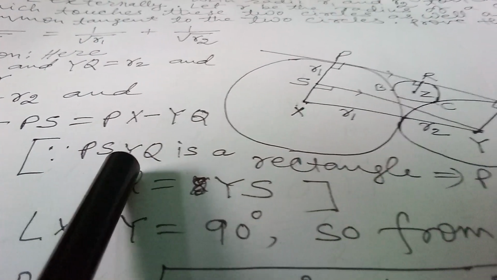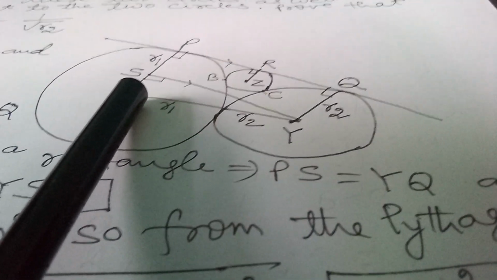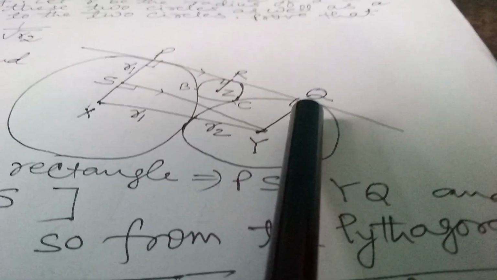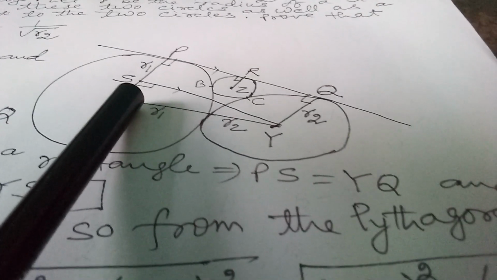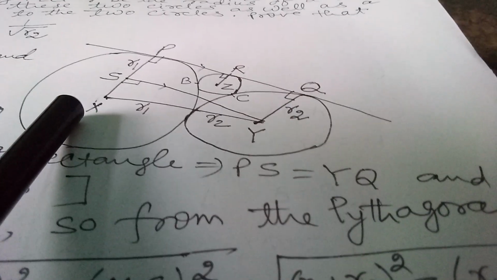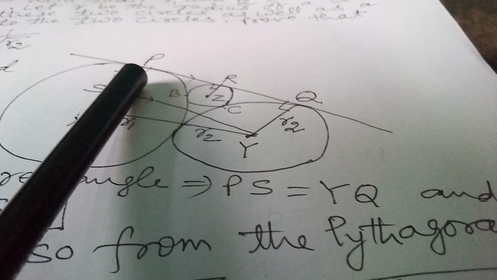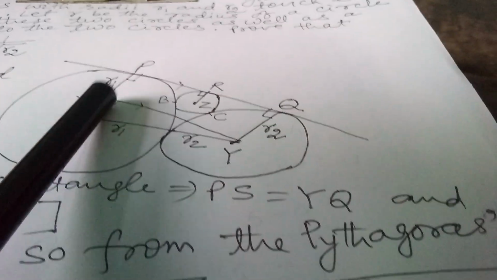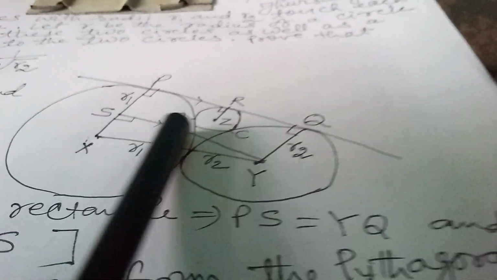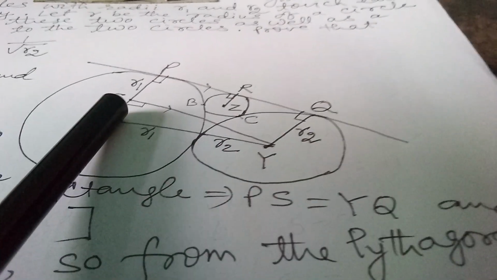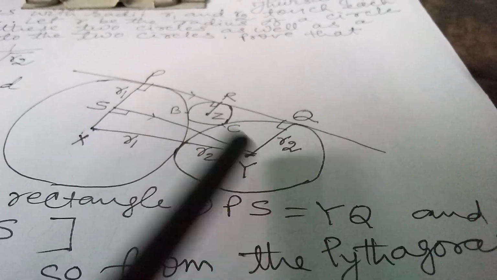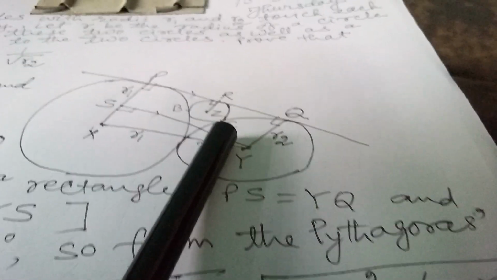And since PSYQ is a rectangle, because you see here YS parallel to RQ has been drawn, or you can say that YS is the perpendicular drawn on PX, and since at point P the radius is perpendicular to the common tangent, radii are perpendicular to tangents, and that's why when we draw a perpendicular YS on PX, SY and PQ become parallel to each other.